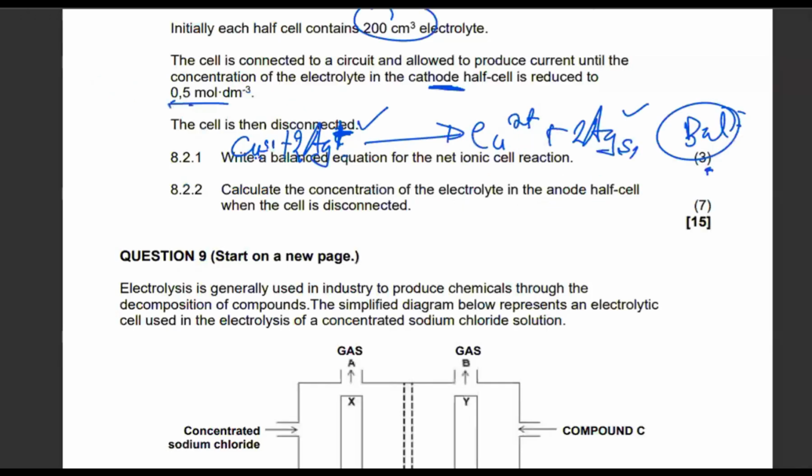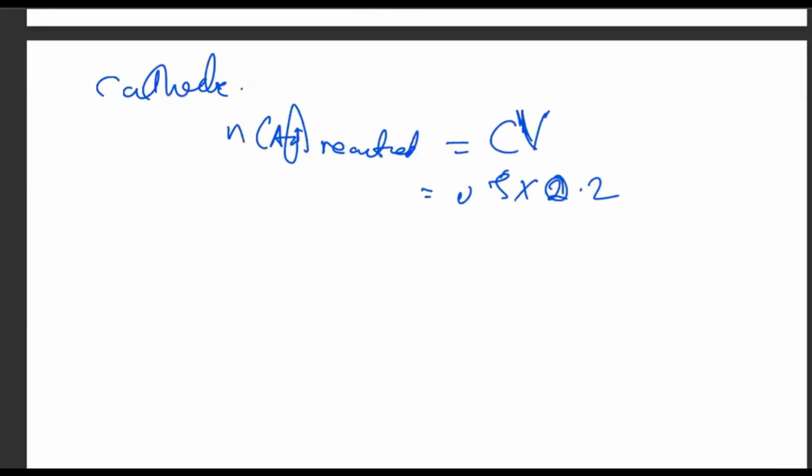Why am I saying that? 0.5 the concentration, 0.2 the volume, which is 200 divided by 1,000. So I get 0.1 moles. Understand?